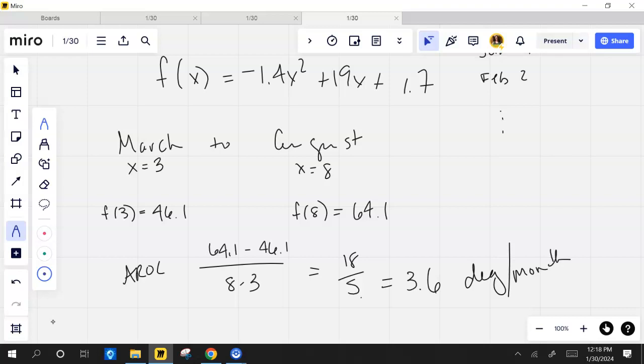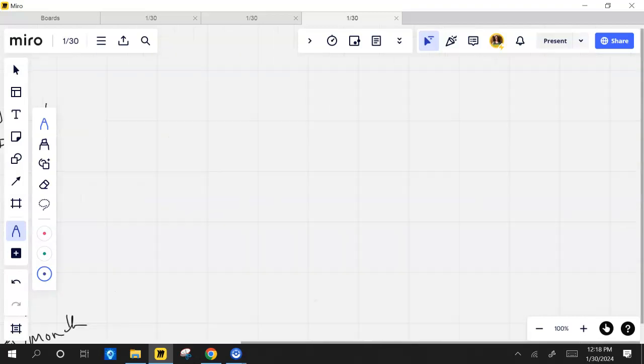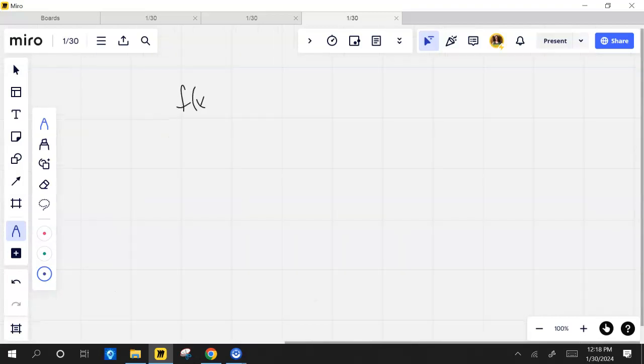All right, and then the next one asked you the average rate of change from the beginning until the maximum. It said from the beginning, which would be when X equals 0, up until the maximum.